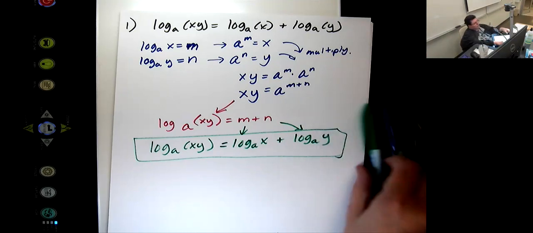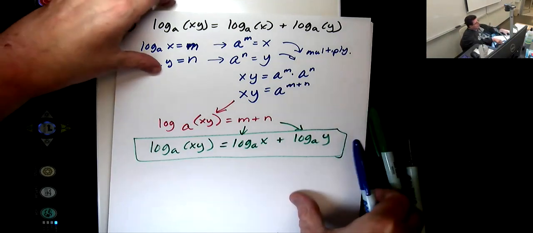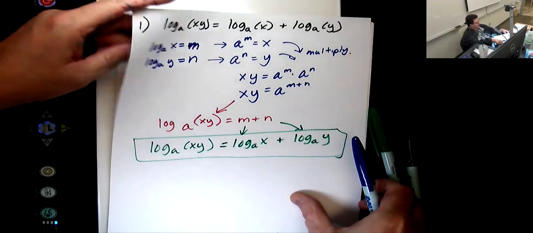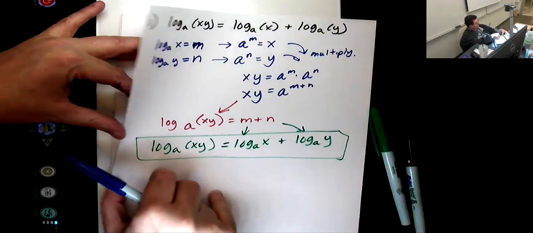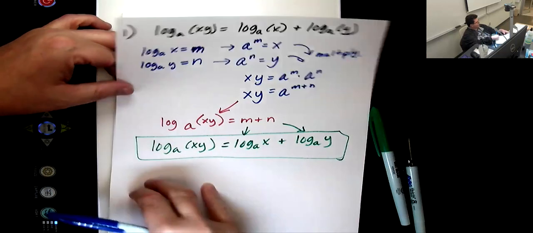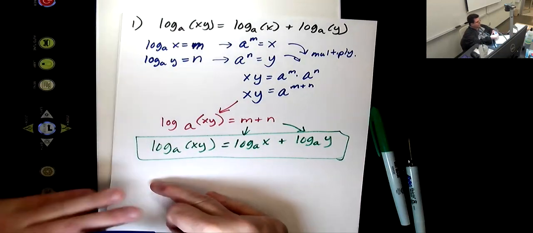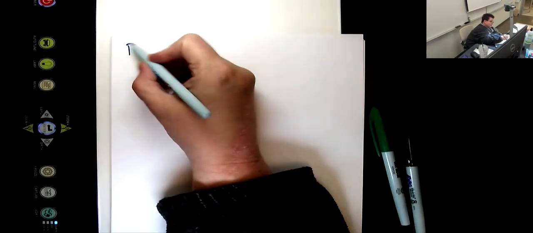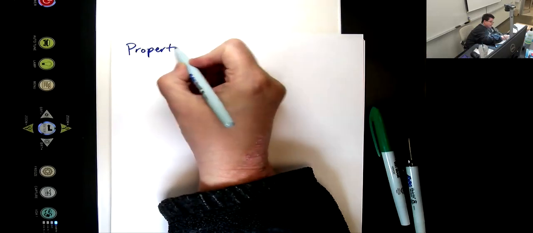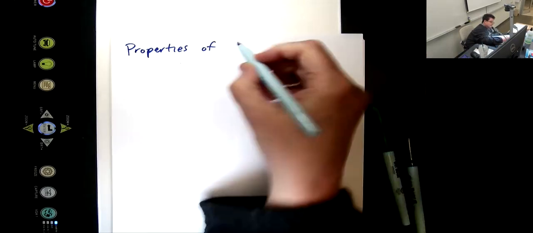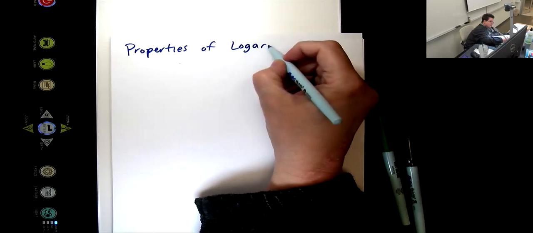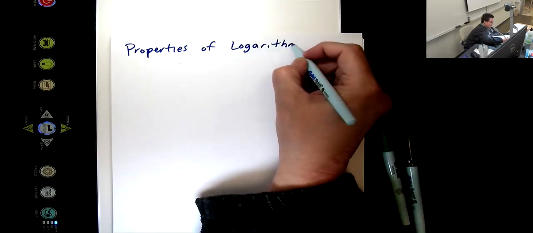Okay, so you guys ready for the list of properties? Yes, you are. Don't shake your head no, you're ready. Your pencil's down, you're not writing, you're not telling me to wait. Properties of logarithms. You do your homework on these, by the time you're done with the homework, you should be okay.